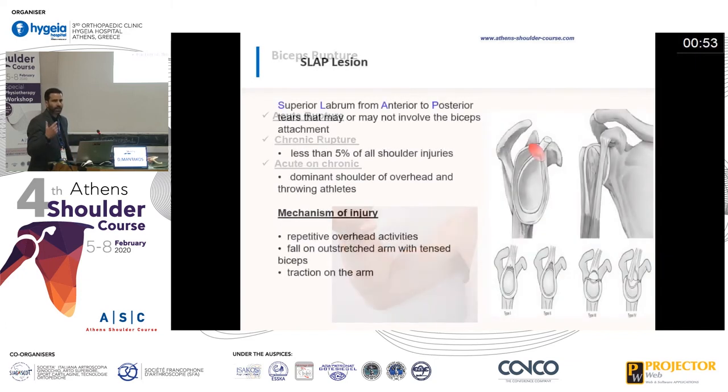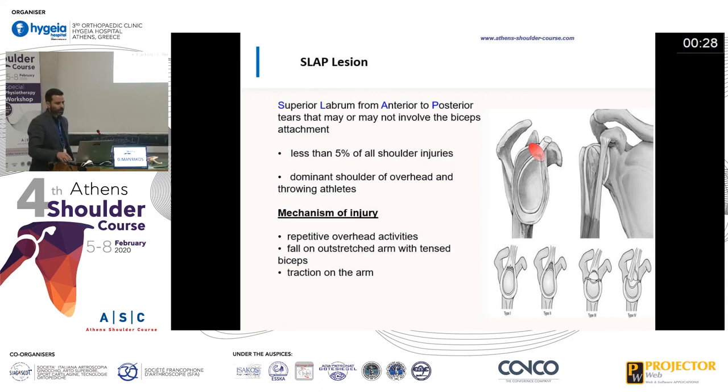And if it's not a cosmetic problem, we leave it that way. If it is a cosmetic problem, we try a mini open incision or arthroscopically to reestablish the ruptured tendon, maybe at the entrance of the groove or, if we can, subpectoral or suprapectorally.